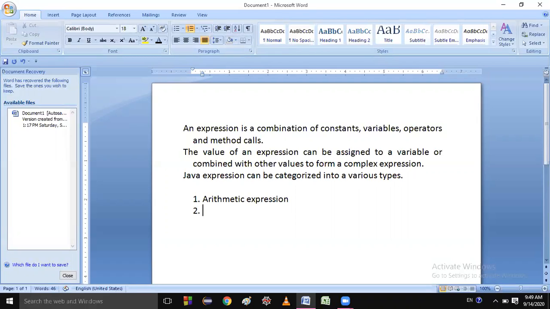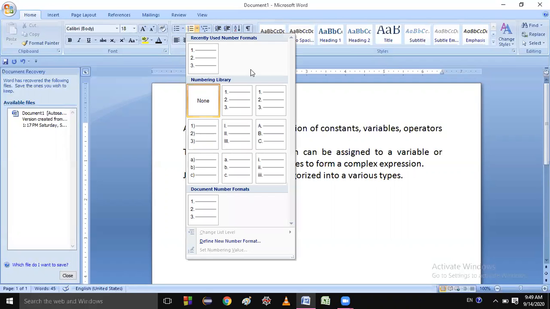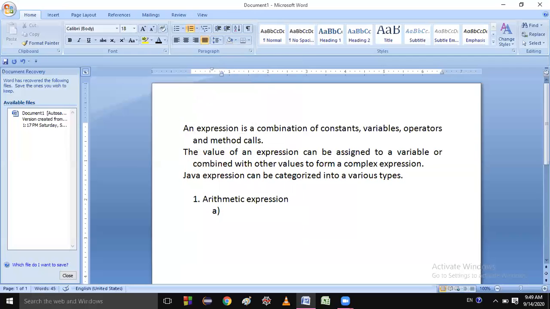In arithmetic expression, the first one is integer expression. An integer expression can contain only integer values and integer constants. So an expression containing integer constants and variables joined by arithmetic operators is known as an integer expression.